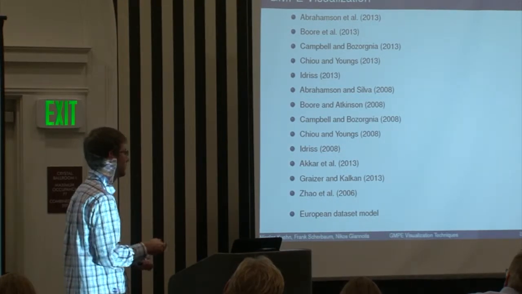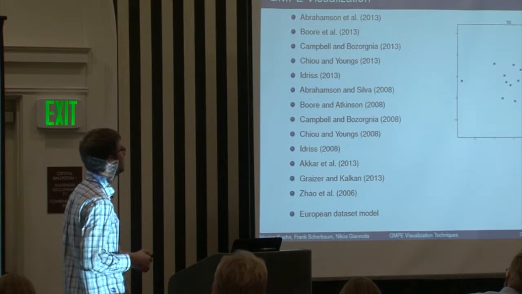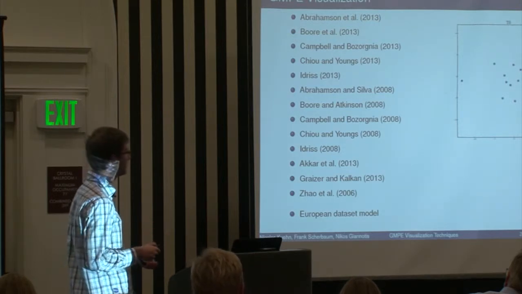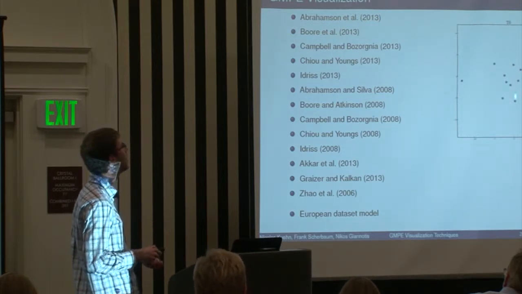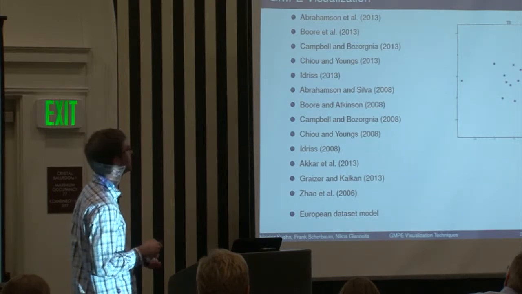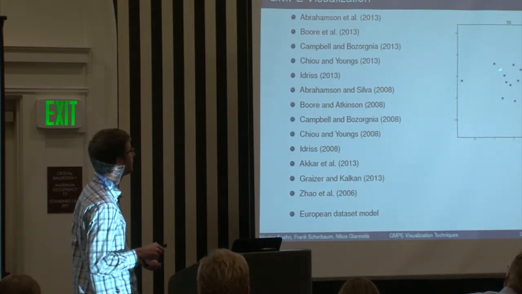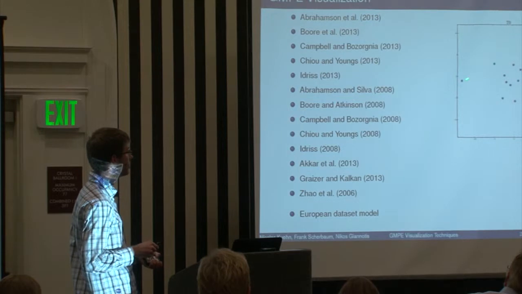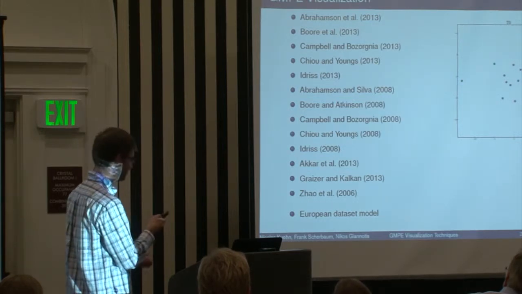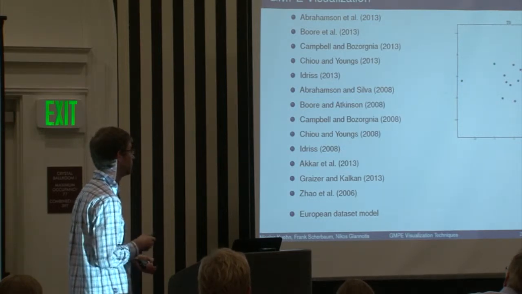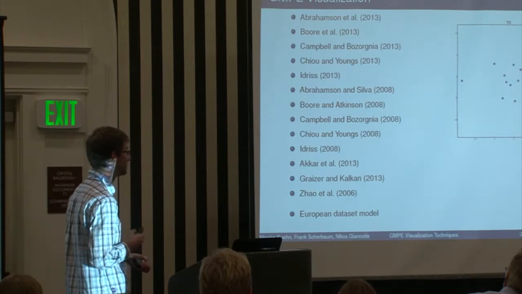This is the reason why it is included. This is actually a sneak peek of the results. You see there's one outlier, and based on what you've heard this morning, you can probably guess which one this is.